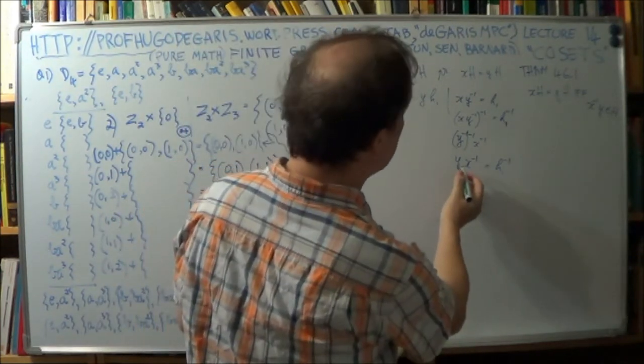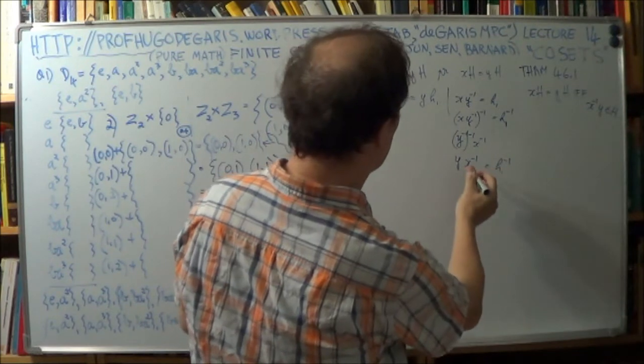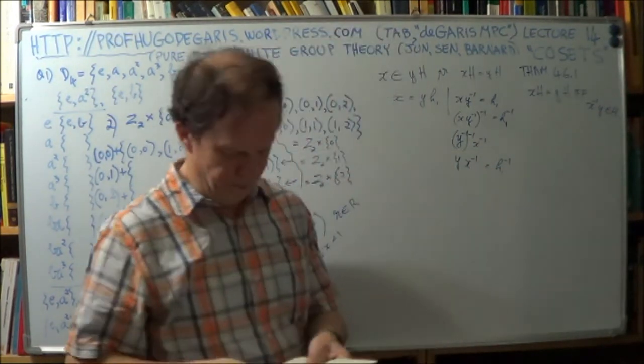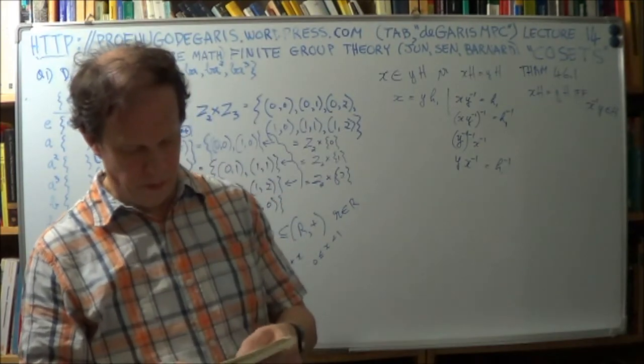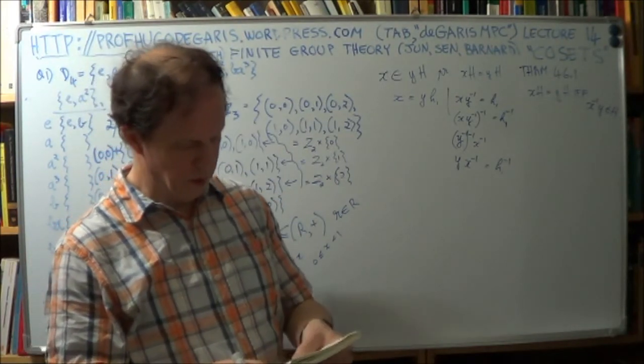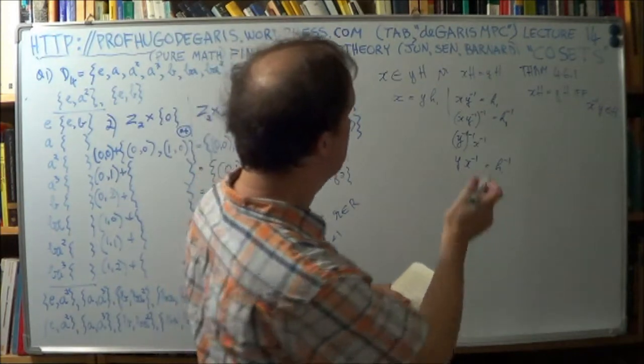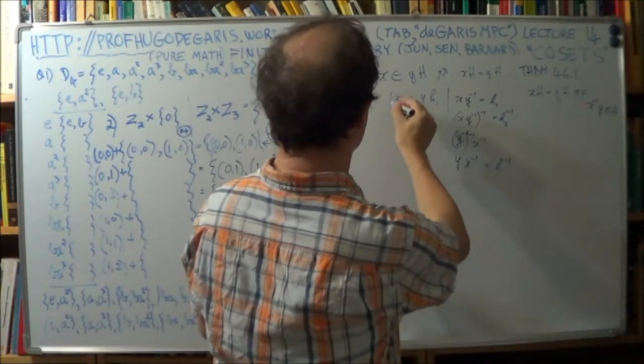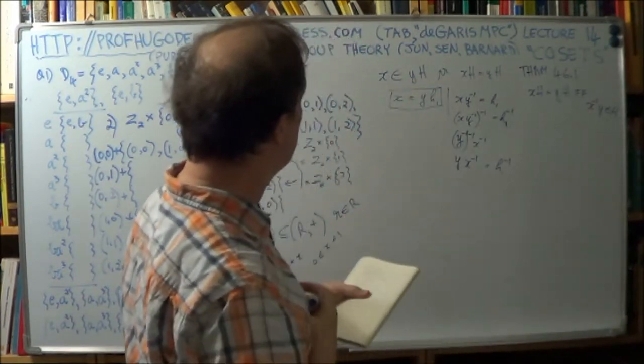So we've got x equals yh1. So we've got that. Right.